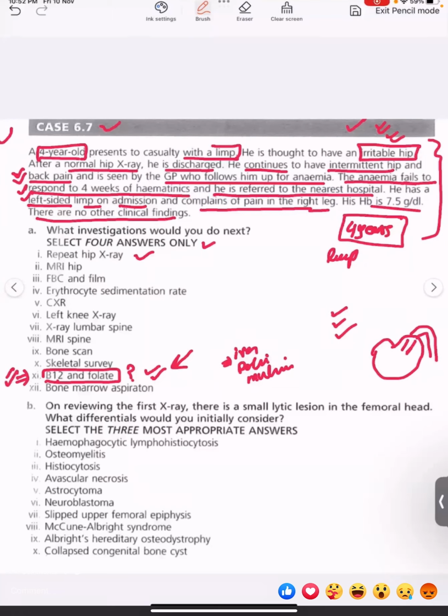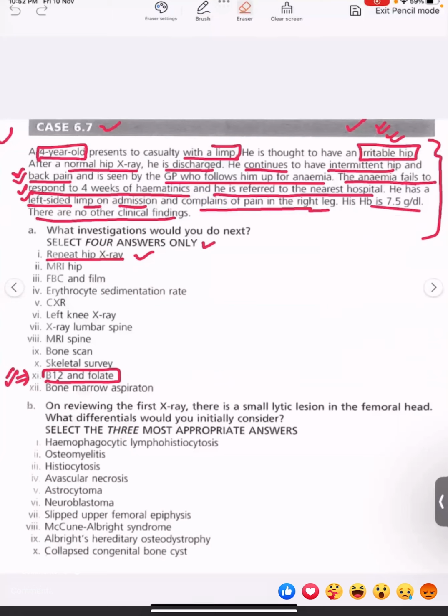Is this a case of, okay, will you go for the repeat hip x-ray? Will you go for repetition of the X-ray? No. Why no? And if yes, why yes?